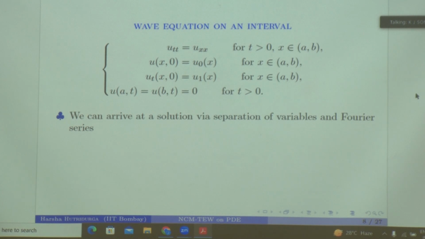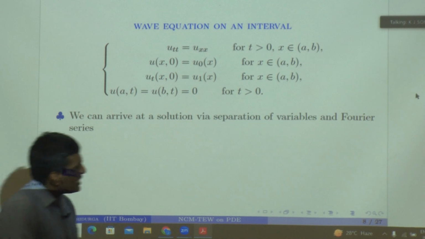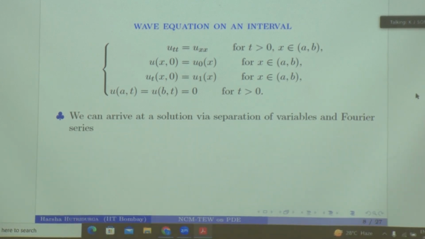So, whenever somebody gives an initial boundary value problem, you are actually looking to find the values of your solution in this entire cylinder, right? You want to find the value of your u at every point in this cylinder.